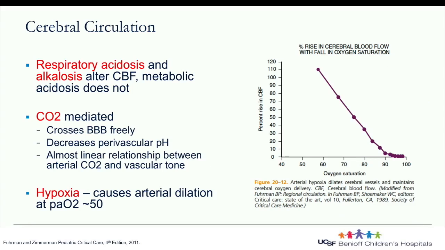Hypoxia, specifically PaO2s less than 50, causes a dramatic decrease in cerebral vascular resistance and a compensatory increase in flow. The brain also responds to respiratory acidosis, but because of the blood-brain barrier, it's actually mediated by carbon dioxide and not just pH. So it's respiratory acidosis and not metabolic acidosis that leads to an increase in cerebral blood flow.